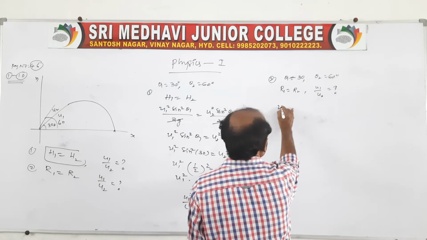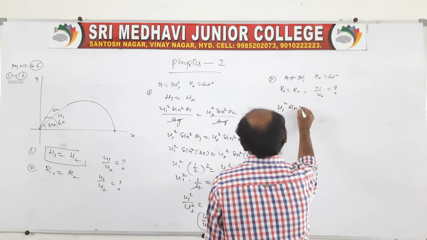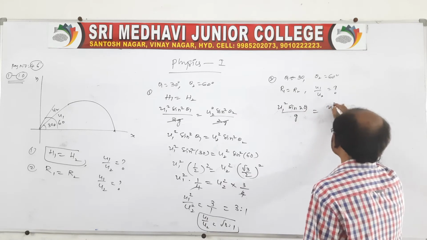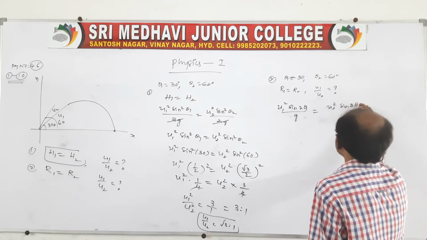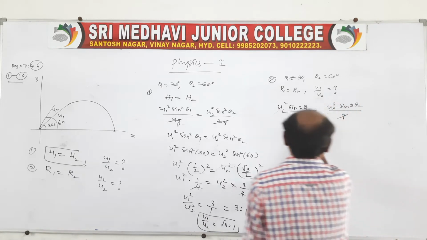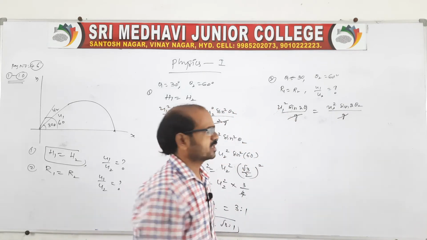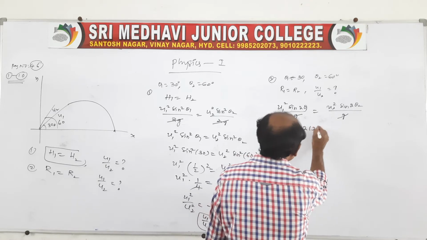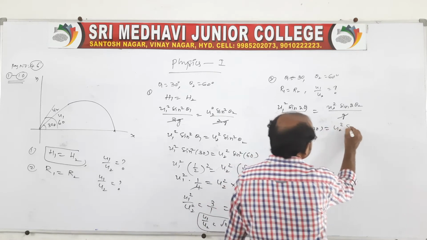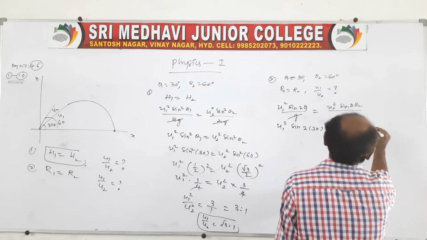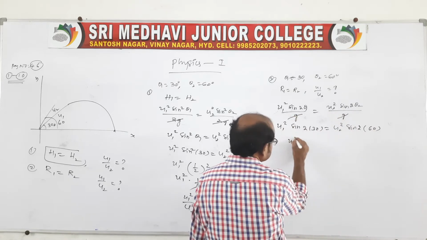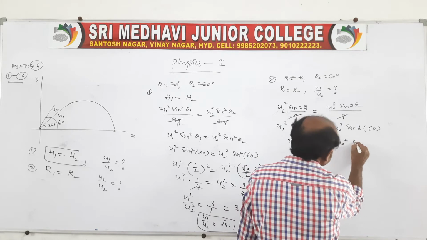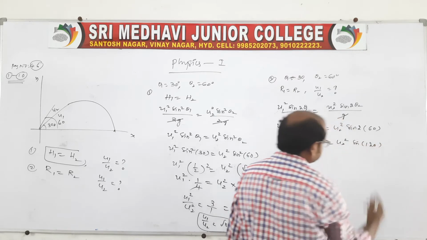So the ranges are equal: u1 square sin 2 theta 1 by g, and u2 square sin 2 theta 2 by g, again g cancels. Here also you take the same manner: u1 square sin 2 into 30 degrees and u2 square sin 2 into 60. So u1 square sin 60, and u2 square sin 120.